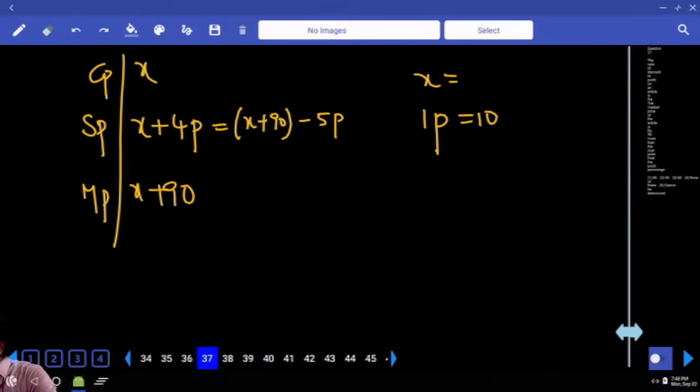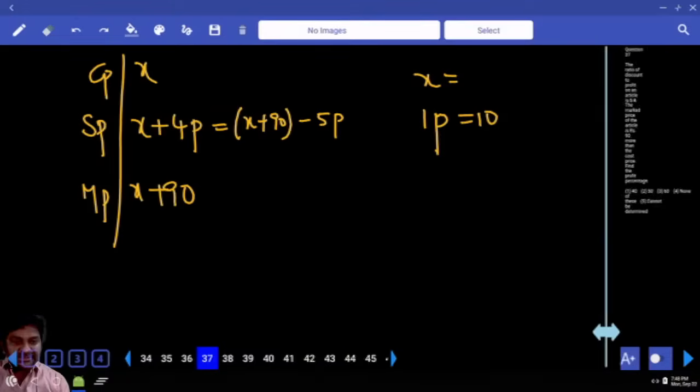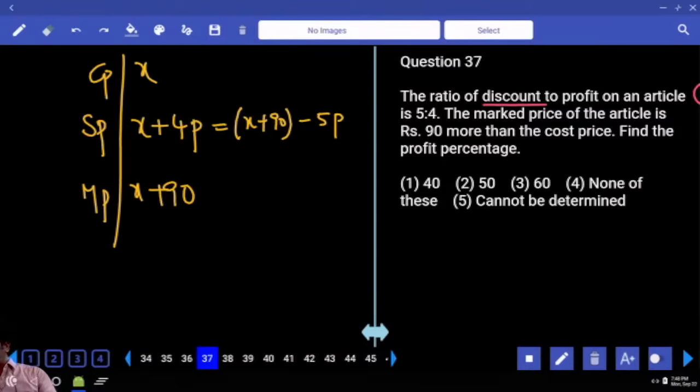Can we get X value? No. So when you don't know X value, can we answer the question? So answer is cannot be determined. We can only calculate how much is the discount and how much is the profit. That's all. X value cannot be determined.